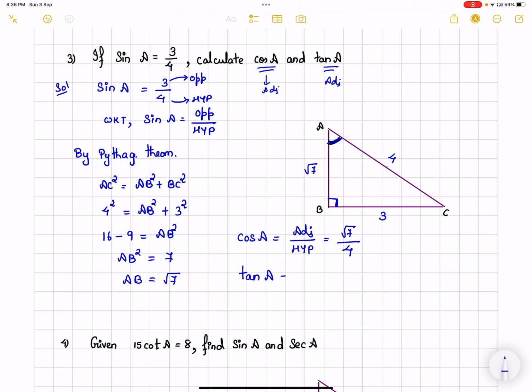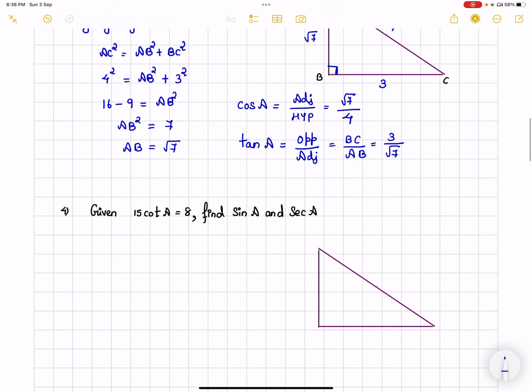Tan A is equal to opposite divided by adjacent side. So for this angle A, the opposite side is BC divided by AB. So BC is 3 divided by root 7. So that's it. We found it out. With this, the problem gets over. Now let's move on with the next problem.